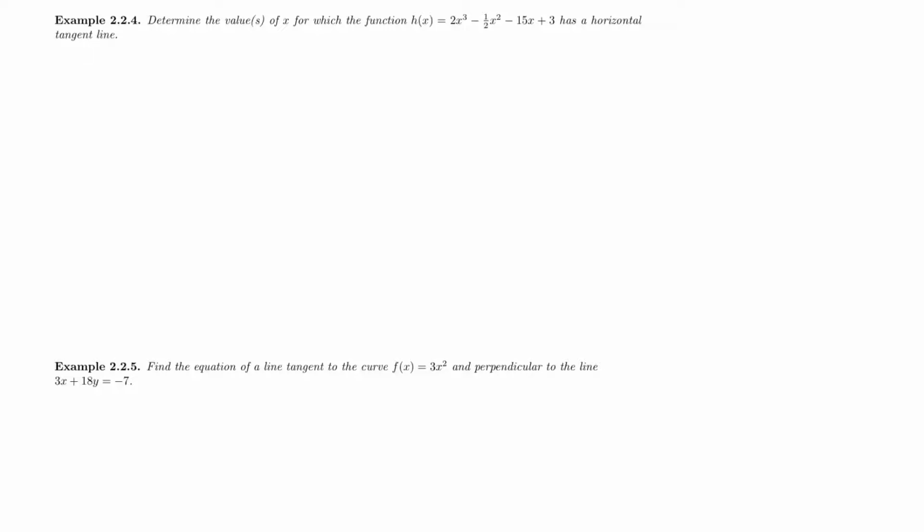Let me underline that: horizontal tangent line. This means the slope of the tangent line is 0, right? If you think of a horizontal line, it has slope 0.